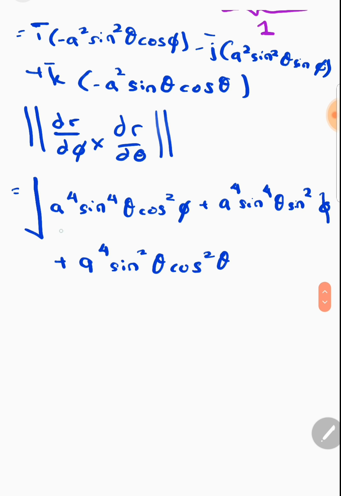So I have this and this power of 4. I'm going to simplify it.